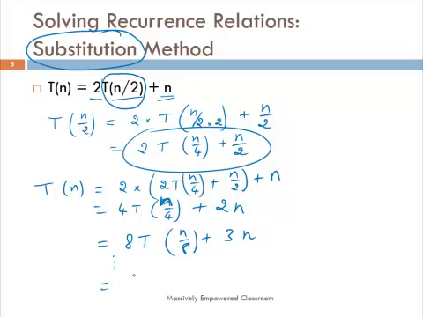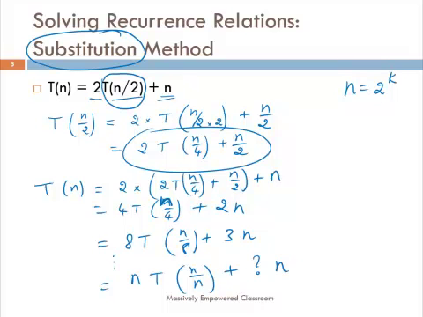Right, this will end when we get n t n by n plus how many n's will be there, right? So as this number increases, and for convenience we assume n is a power of 2, 2 power k.